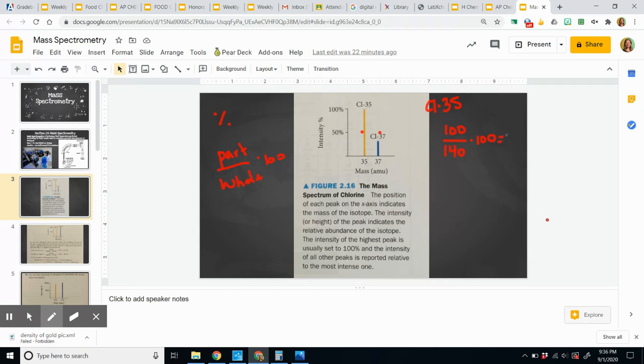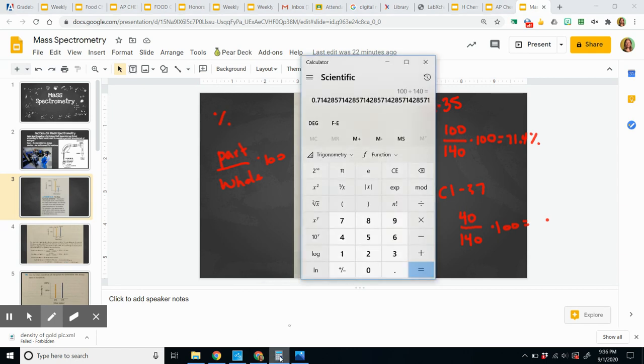Okay, so that equals 71.4% of chlorine 35. The chlorine 37 would be the part that's chlorine 37, so we're going to say 40, that's what we estimated it to be, over the total of 140 times 100, and that is going to be the difference between 71.4 and 100, but we'll do it anyways. 40 divided by 140 is 28.6%.